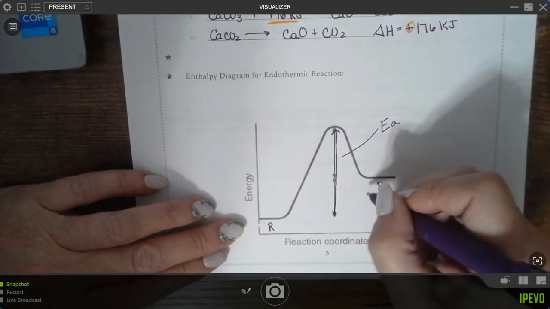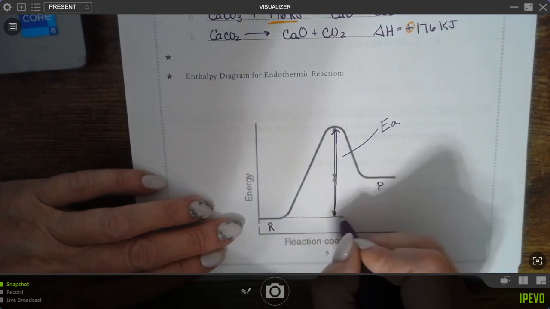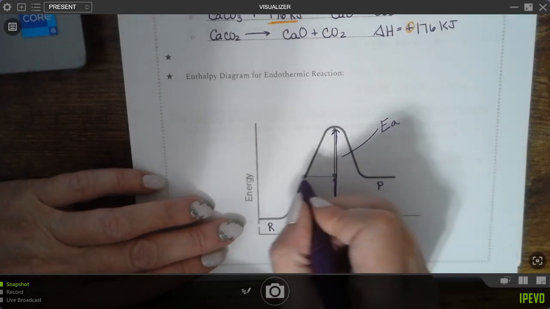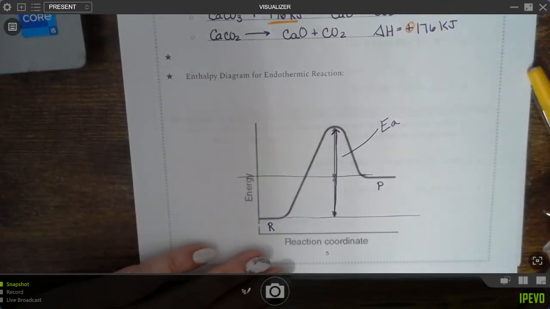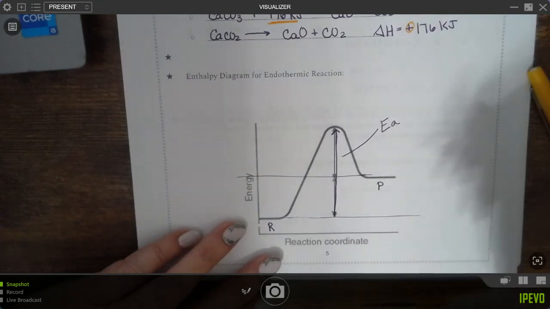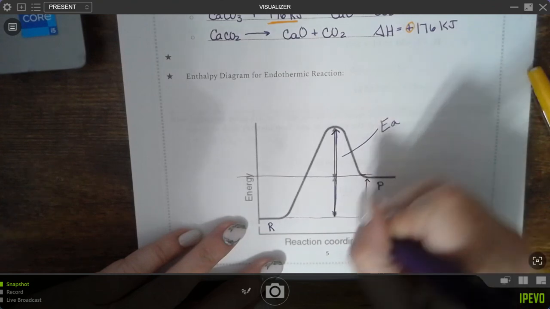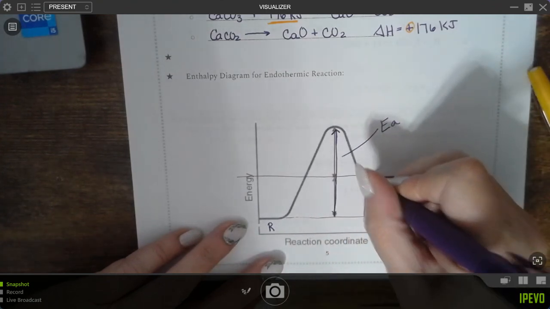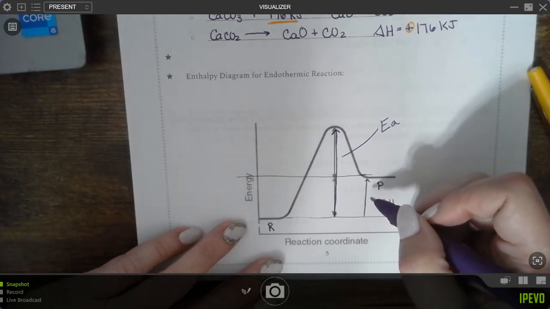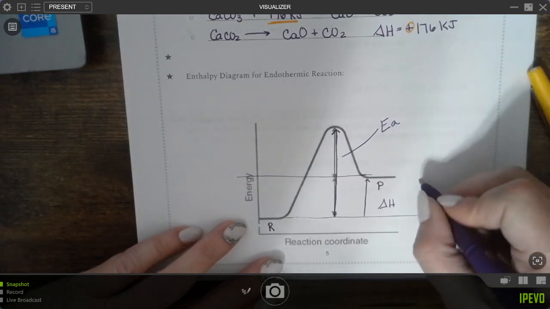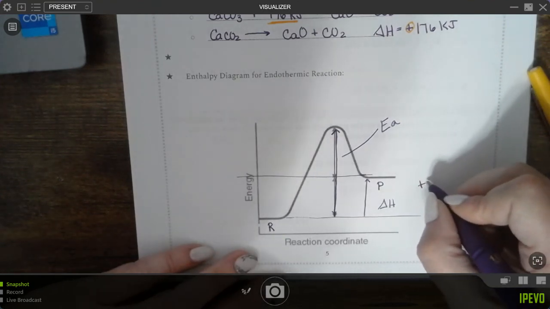I'm just going to draw little lines so that I know where my lines are. Delta H, the change in enthalpy, is the difference from the reactants to the products. Since delta H is going up, that means it's a positive number. So delta H is positive.